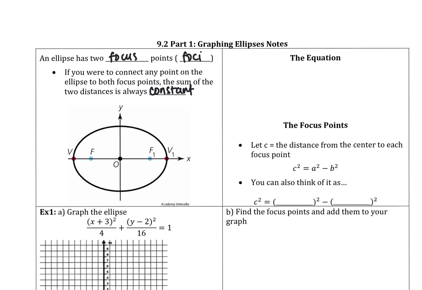So the equation for a horizontal ellipse, like the one you see here, is (x minus h) squared over a squared plus (y minus k) squared over b squared equals 1. This is a horizontal ellipse.